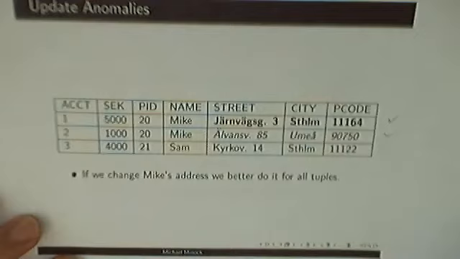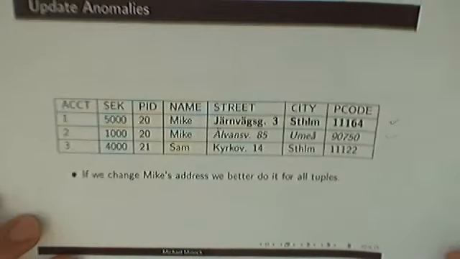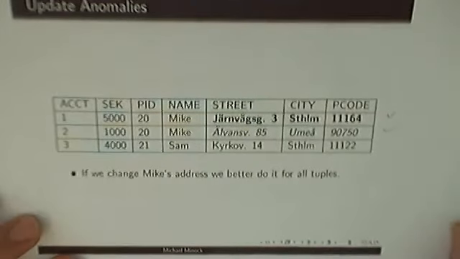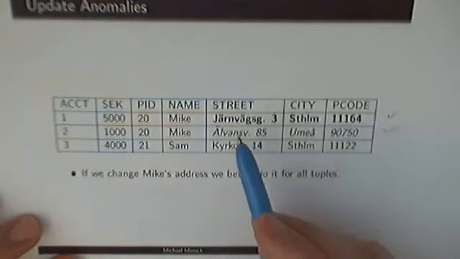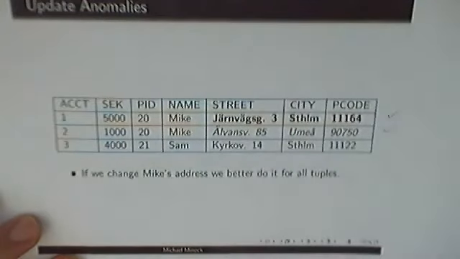It's not the best thing, but maybe we can have routines on the client side that, when you update an address, go through all the tuples and make sure they all get updated. That's a possibility.